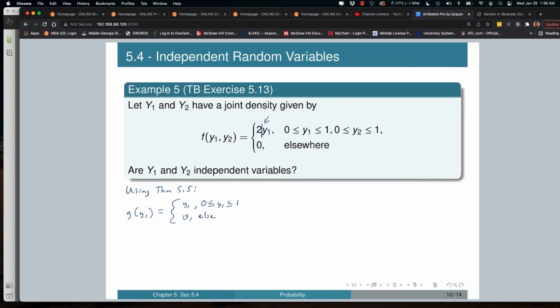And then h of y sub 2 could just be the function containing 2 for y sub 2 between 0 and 1, and 0 else. Okay, so using the theorem itself, f of y sub 1 and y sub 2 is equal to g of y sub 1 times h of y sub 2, sorry.